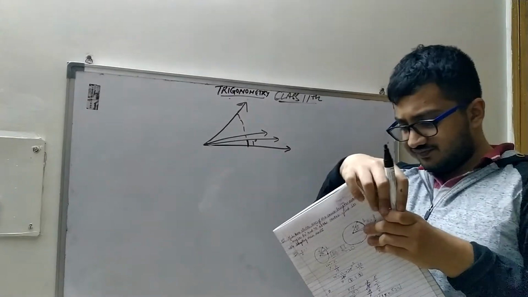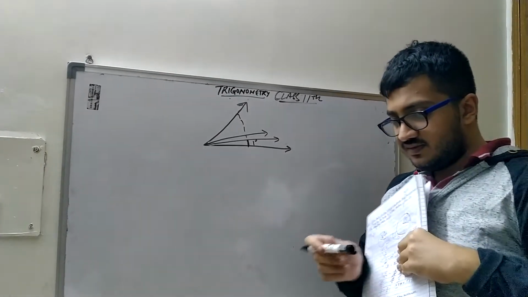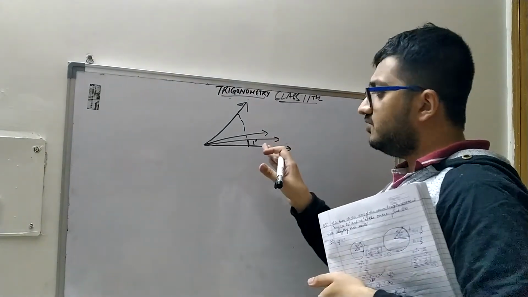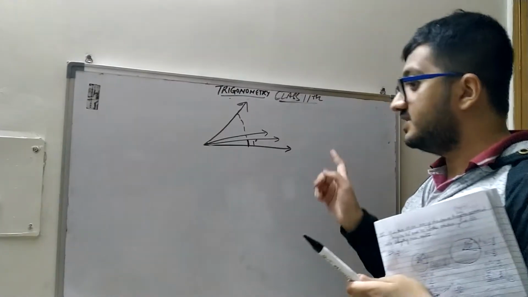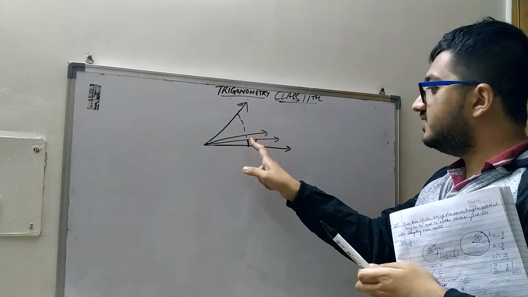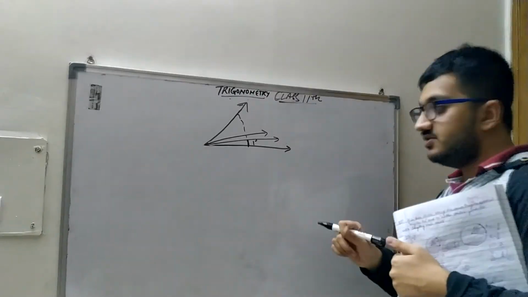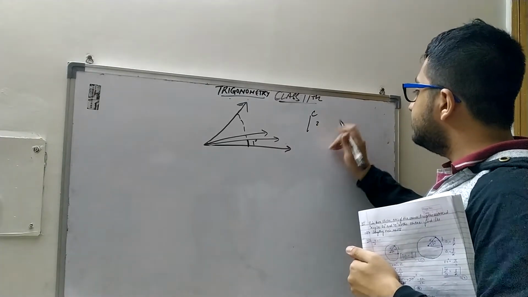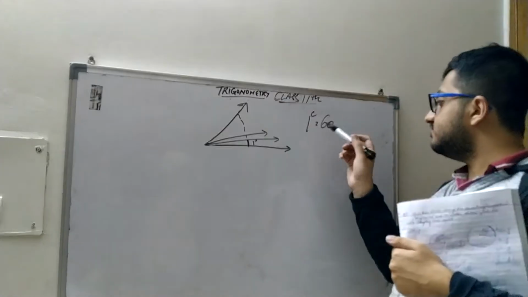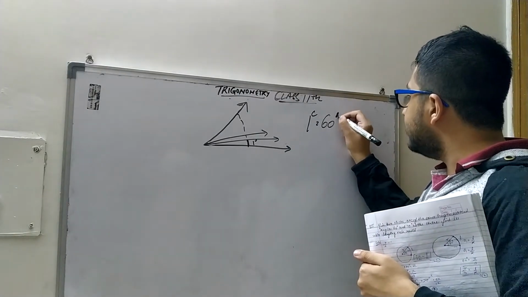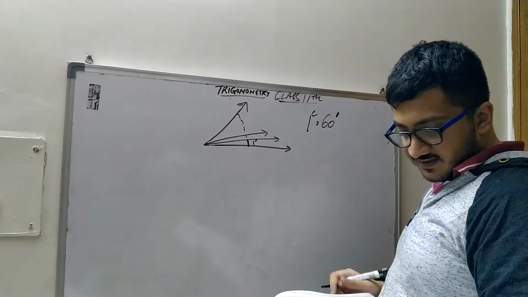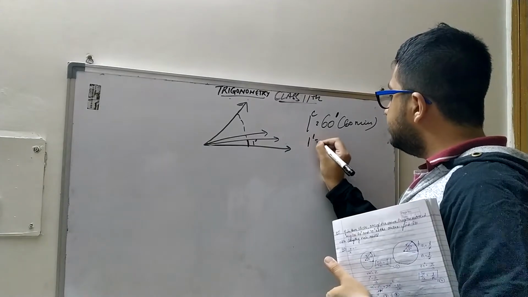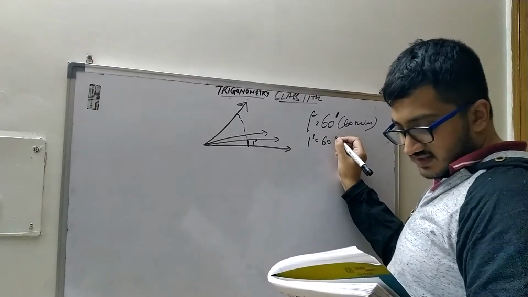So 1 degree is equal to 60 minutes, and 1 minute is equal to 60 seconds.